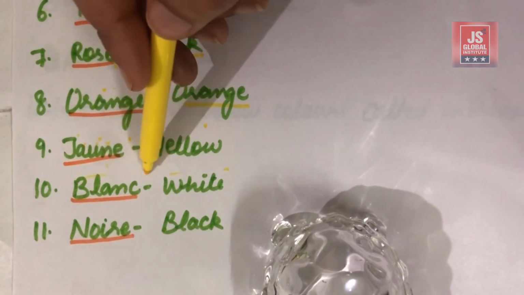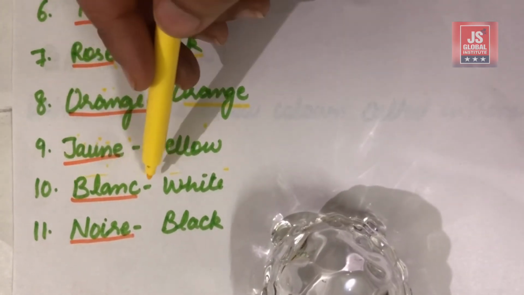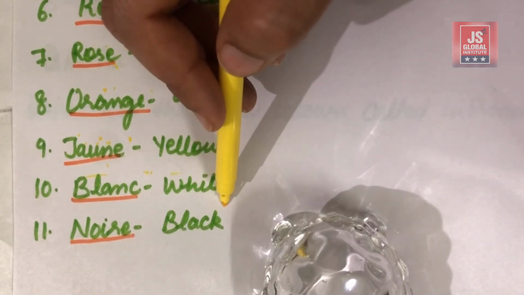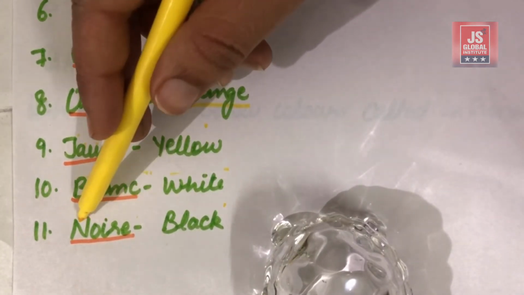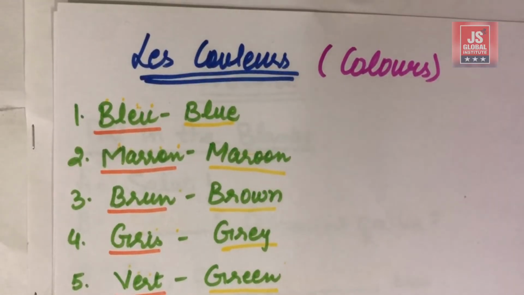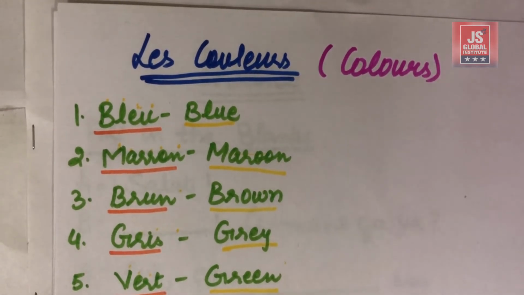Alright. So what is white called in French? That is blanc. What is black called in French? Noir. Alright students, so what you have to do now is just take a revision over these colors, and after that I will give you a small exercise to do for the practice session.